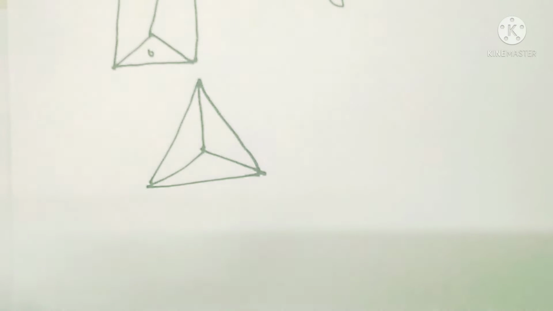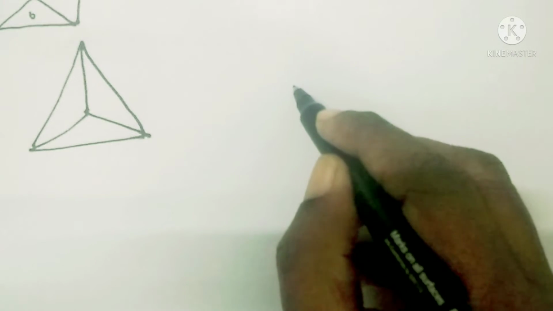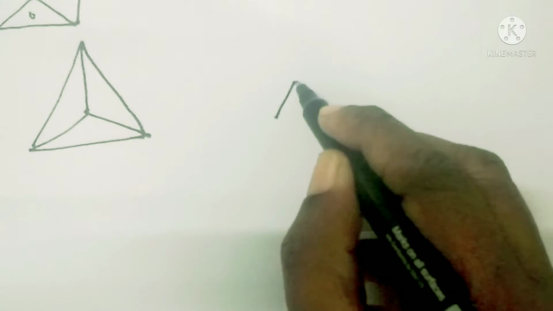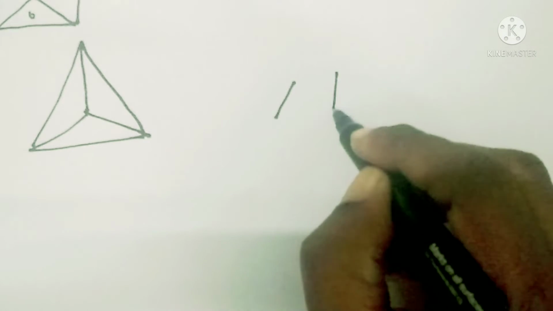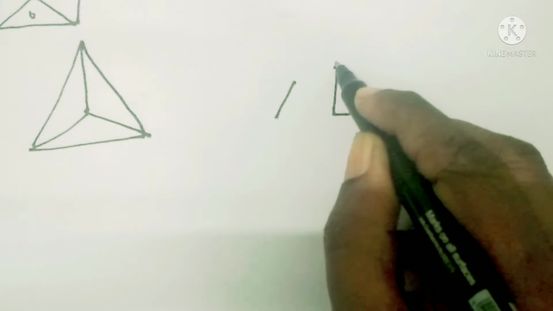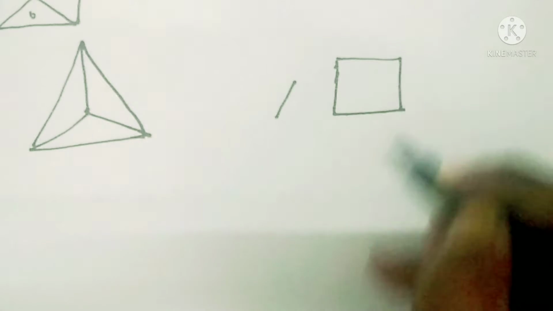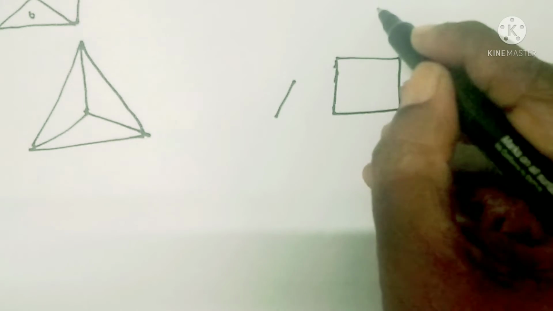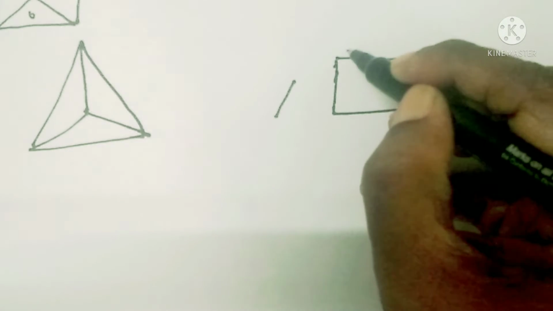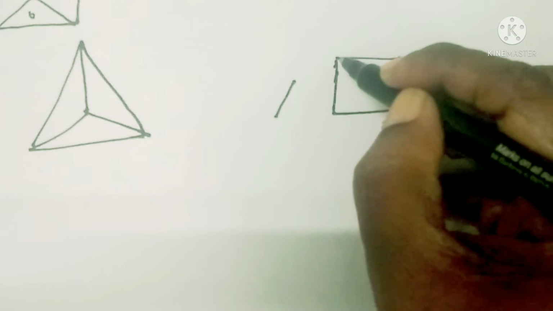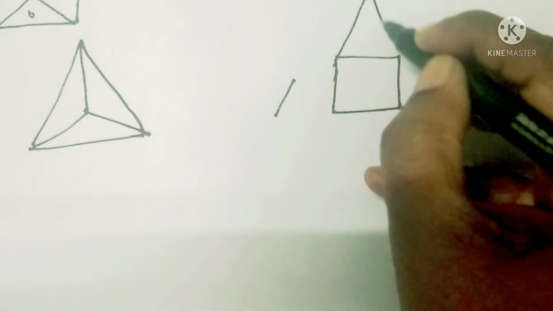A square and 4 triangles, that is also possible. How will it look? You can draw a square here, and then you can have a figure this way.